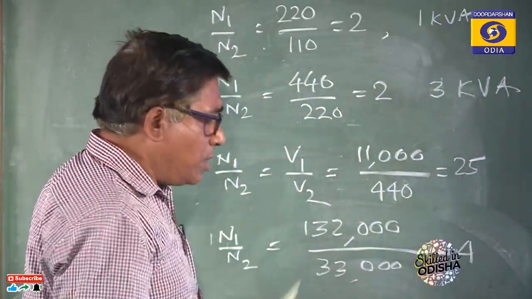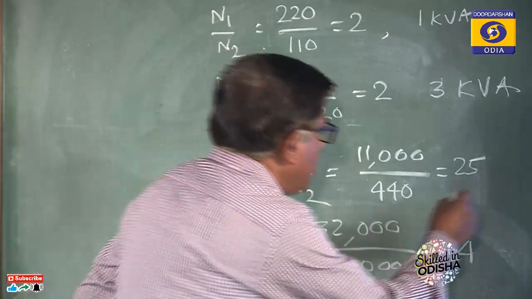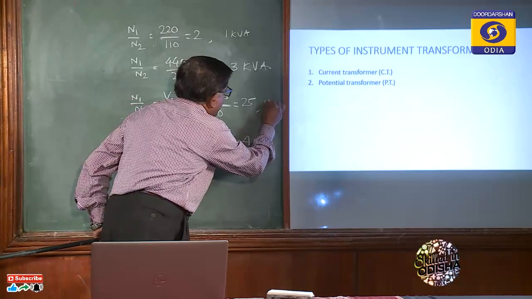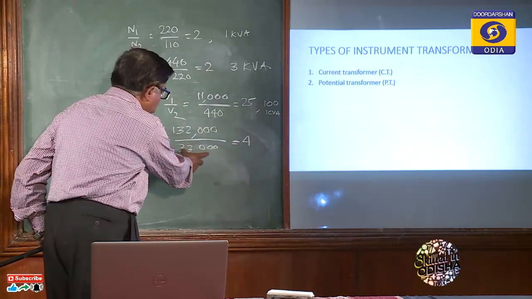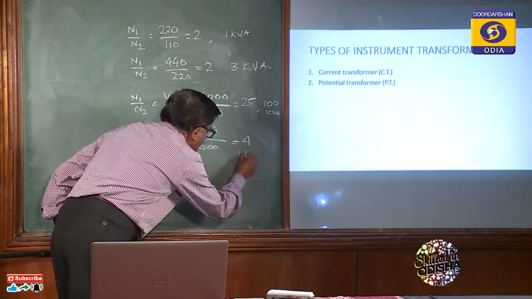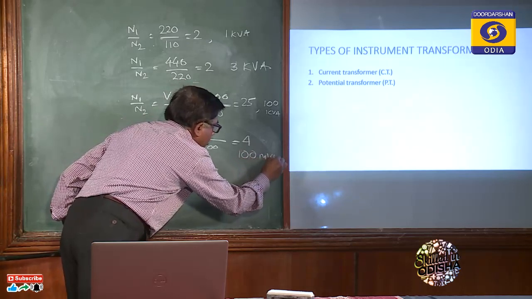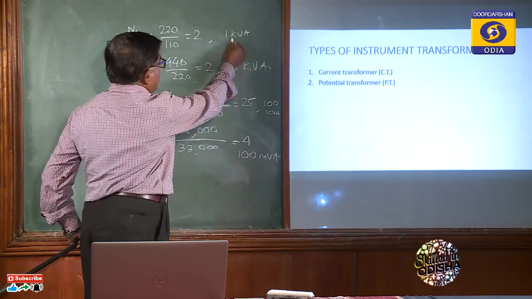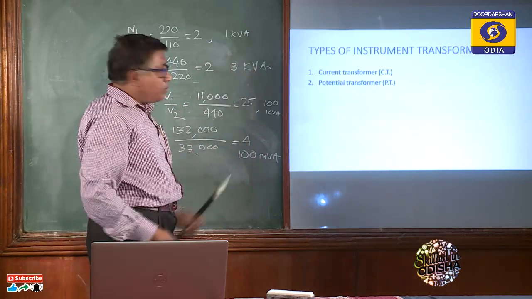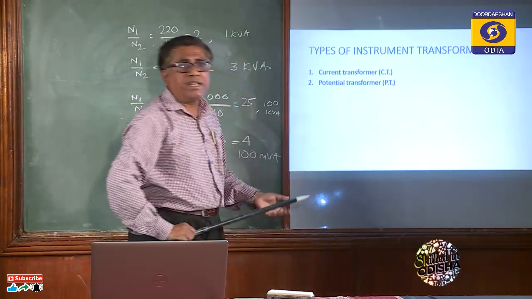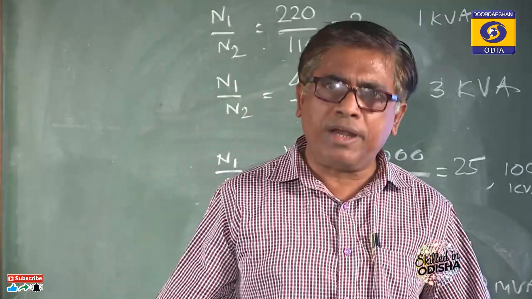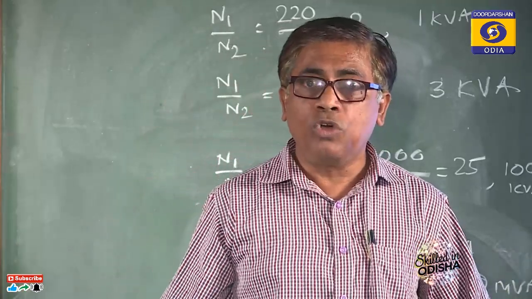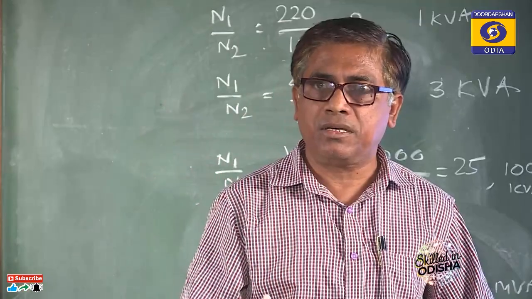In the college campus, the transformer capacity is 100 kVA. In your Kotak grid station, the transformer capacity is 100 MVA. So this is the range of kVA and MVA. Now what are CT and PT? Their rating is very, very less. It is around 100 volt ampere, 200 volt ampere, 400 volt ampere.